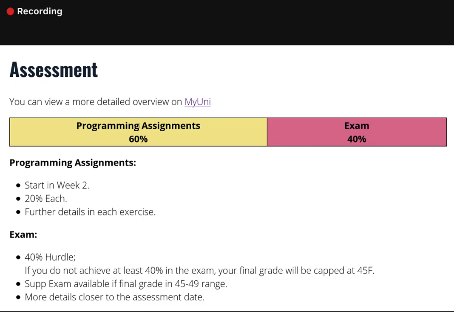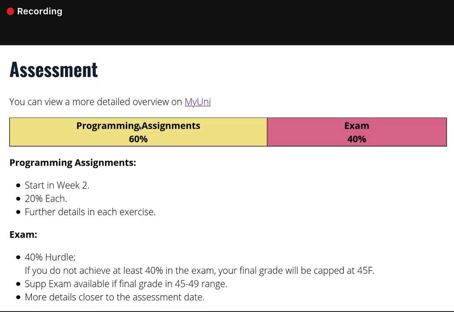It means that if you were to, for example, smash out all of the programming assignments and get full marks on all of those, so that your grade was at 60% overall, you would then still need to get at least 40% on the exam to be able to pass the course, even though your overall course grade would be above 50 otherwise.